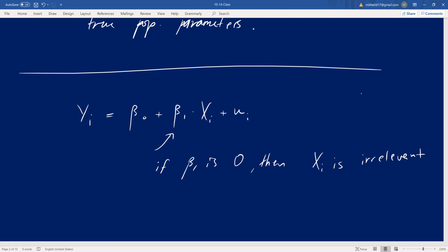So meaning that x does not affect y. That means xi does not affect yi.